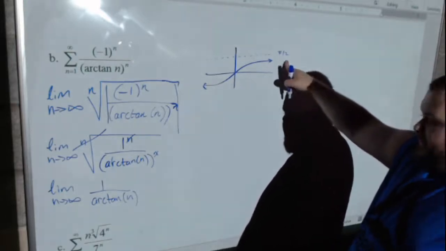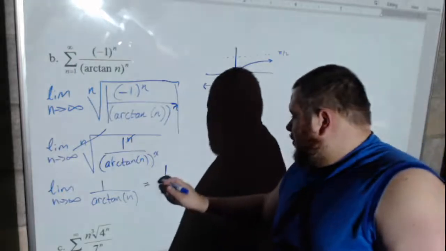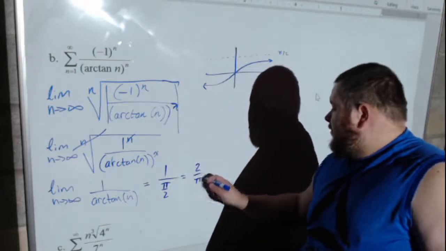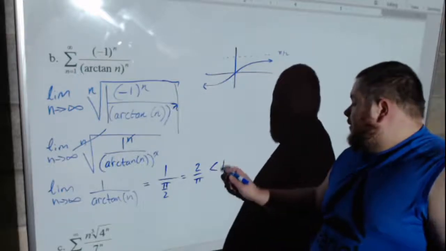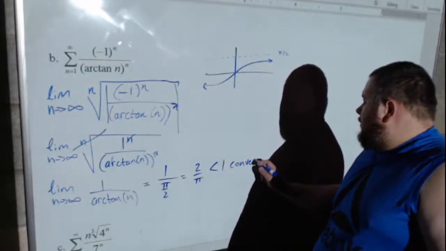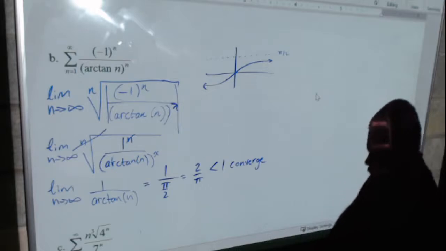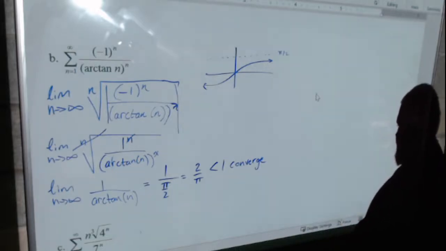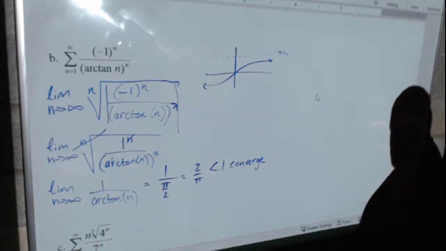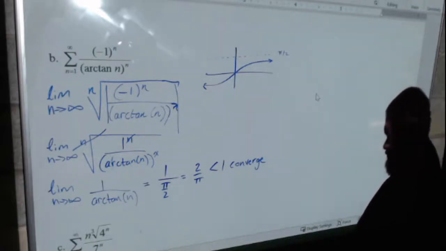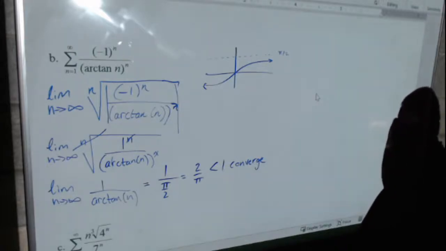So at infinity, it goes to pi over 2, which means this is 1 over that, or 2 over pi, and that number is less than 1. Any questions about that, guys?